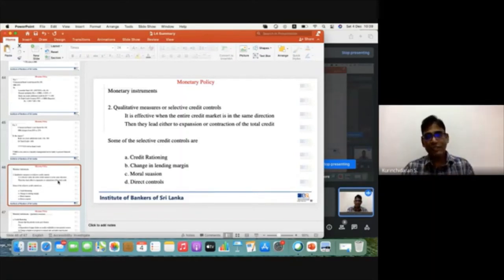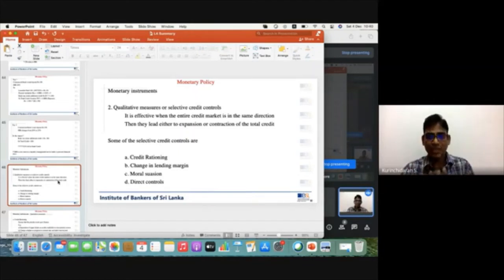Second, change in lending margin, right? Say an example. Now we want to have more vehicles. Then the central bank will say, okay, your LTV value, loan to value ratio, can go from 50 to 70%.